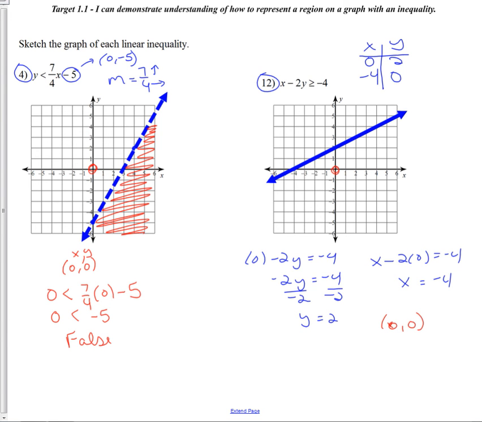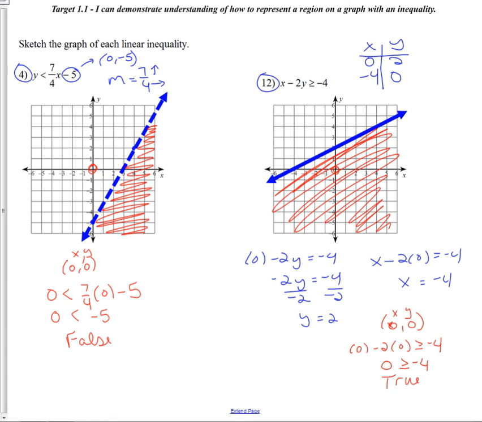So 0, 0, remember that's an x and a y. So we have 0 minus 2 times 0 is greater than or equal to -4. 0 and 2 times 0 are both 0. Is 0 greater than or equal to -4? That is true. 0 is bigger than or equal to -4. That means all of them on that same side of 0, 0 will work.